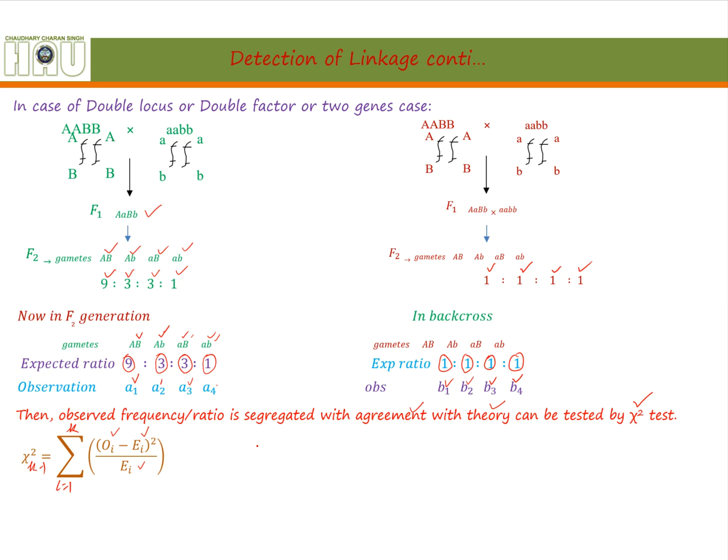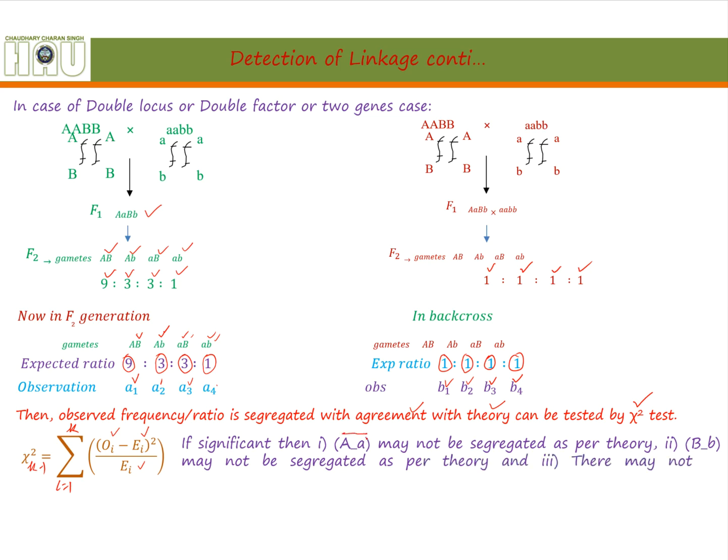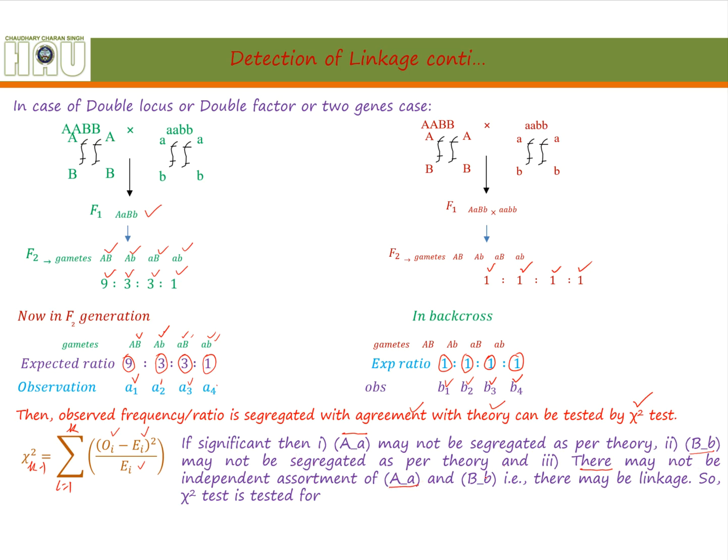Now, if this chi-square is significant, then number one, this class may not be segregated as per theory, and number two, there may not be independent assortment of gene A and gene B. There may be linkage.